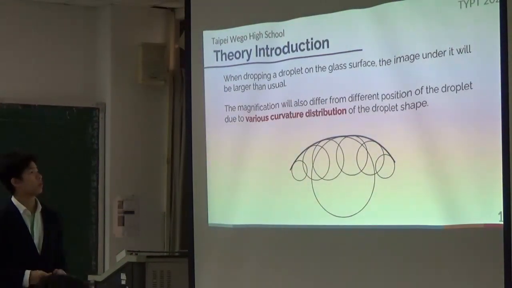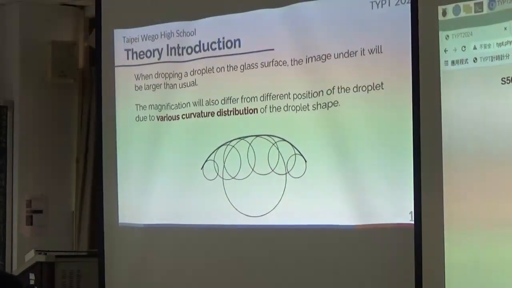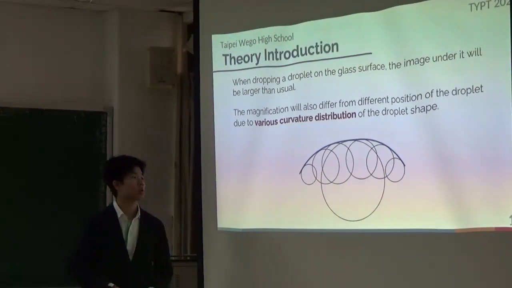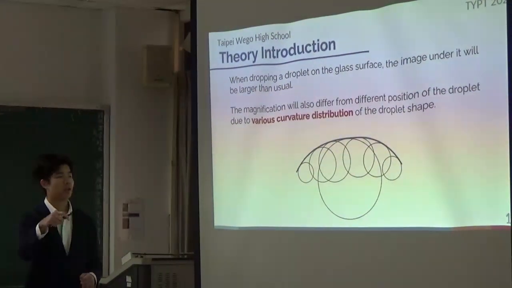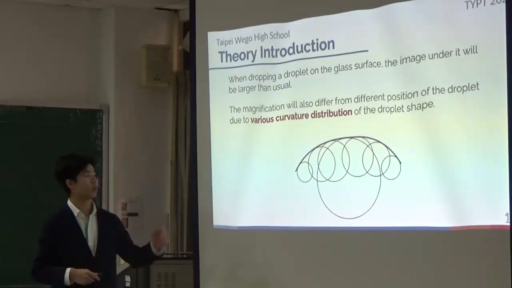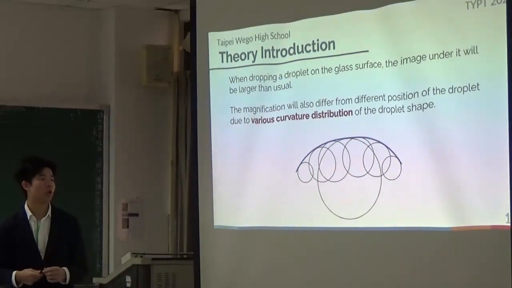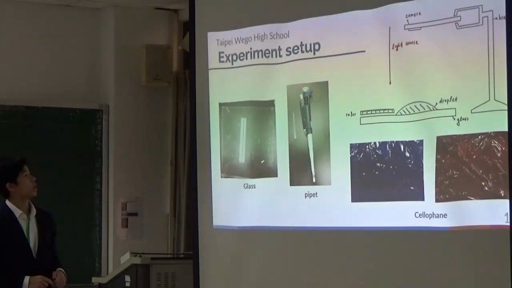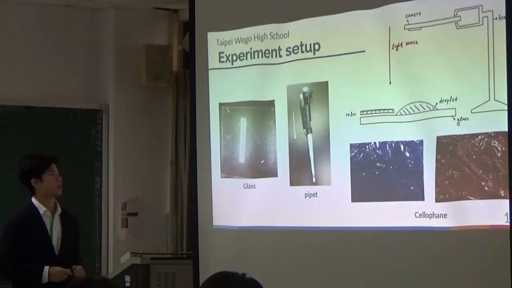When we drop a droplet on the glass surface, we'll notice that there will be different curvature at different positions of the droplet, and due to the various curvature distribution, we can get different magnification. And here's our experiment setup.